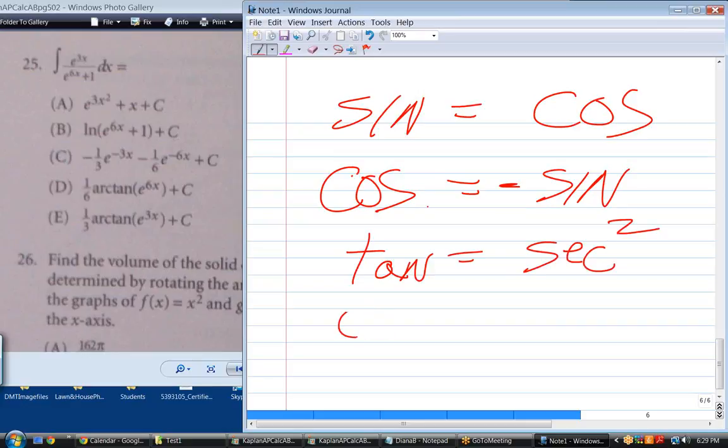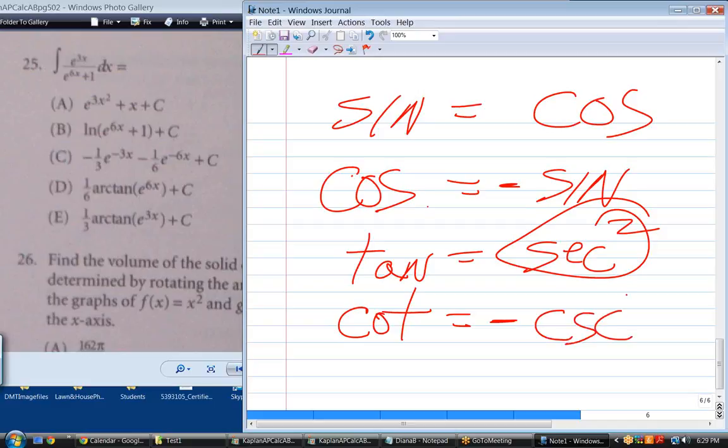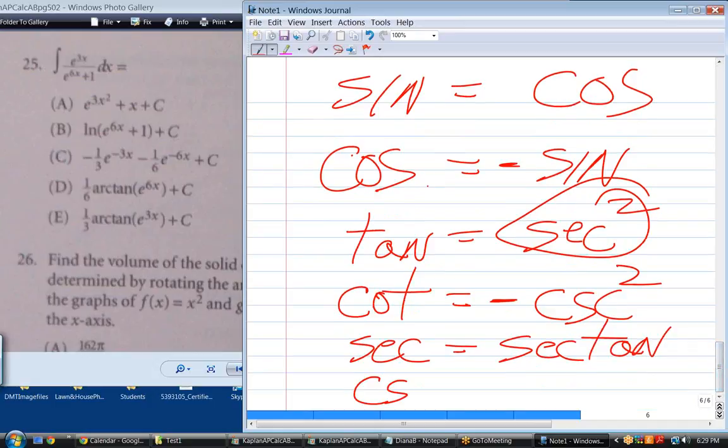The derivative of cotangent, we know, is going to be the negative of whatever the cofunction of that is, which is cosecant squared. And finally, secant, the derivative is secant tangent, and cosecant, negative cosecant cotangent. So you really only have to memorize those three to know all six.